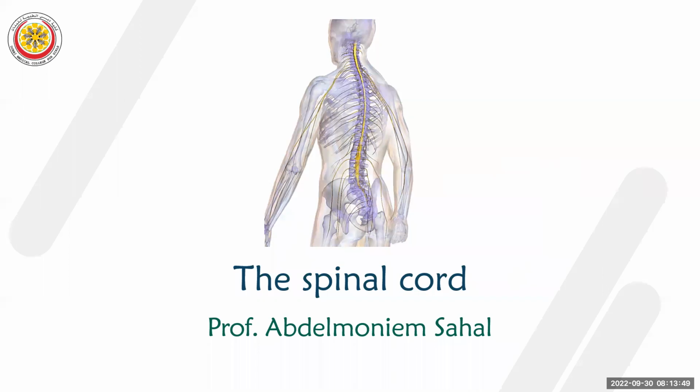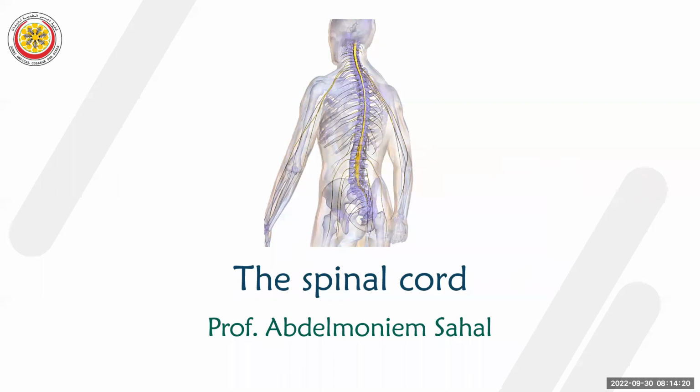The remaining parts of the central nervous system, it's always the white matter on the surface and the gray matter on the inside. And this applies to the brain stem, and it also applies to the spinal cord. So the spinal cord, like the brain stem, has its white matter on the surface and has its gray matter on the inside. And you already, I think, saw that yesterday when you had your histology lecture.